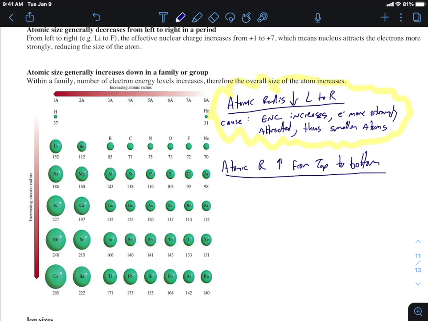You fill another one. So in period 1, there's only one energy level. In period 2, there are 2 energy levels. In period 3, there are 3, 4, 5, and 6. So very simply, the more energy levels there are, the bigger it's got to be.